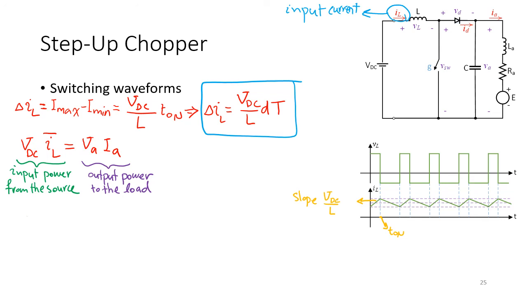So IL average will be equal to VA over VDC times IA. So IL average is equal to 1 over 1 minus D times IA.